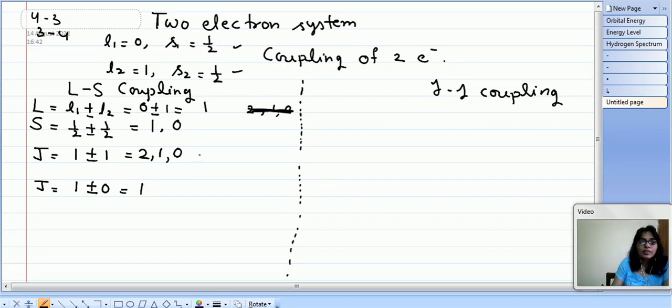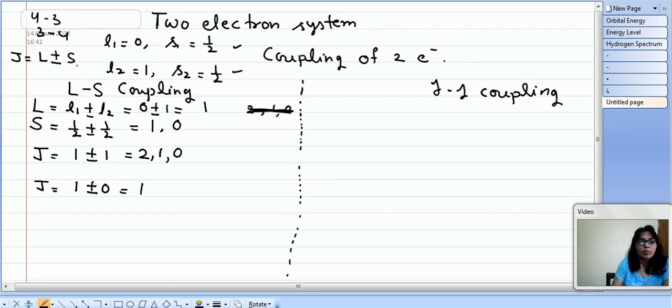Then there is some notation also. So these terms are written with the multiplicity. Multiplicity means how many terms. So in LS coupling, if J is equal to L plus minus S, then the number of terms is decided by the smaller one.